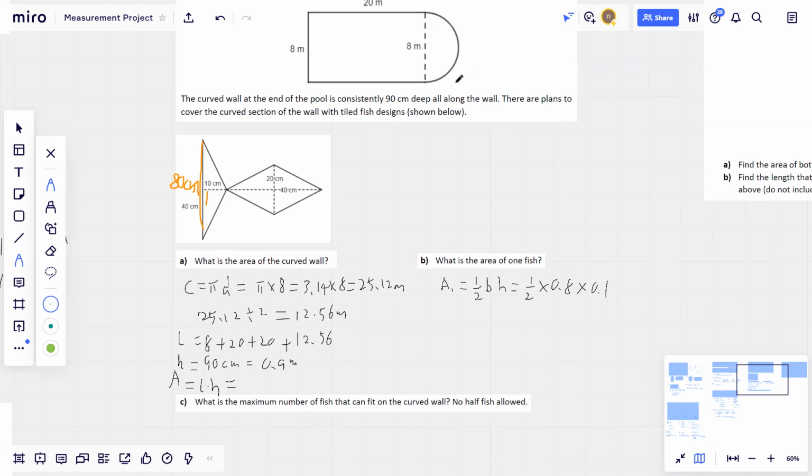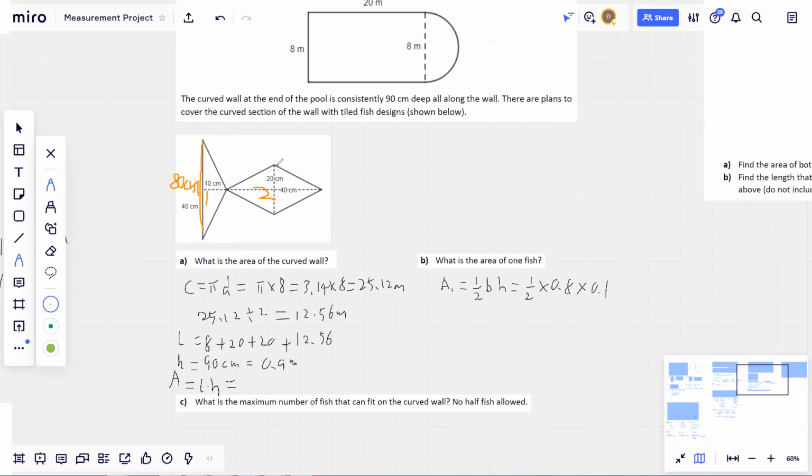And for the second part, it is the rhombus. So the area is the diagonals multiplied together and divided by 2. For the first diagonal, it's 40.